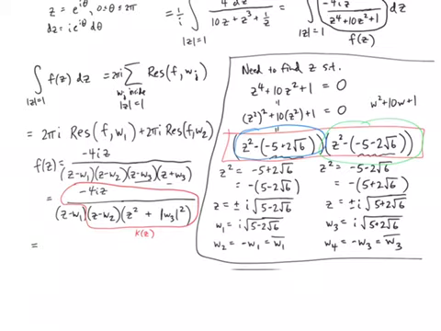And so the residue of f at w1 is just equal to the value of k at w1. So we just have negative 4i times w1 over w1 minus w2, but w2 is minus w1, so that's actually just 2w1, and then w1 squared plus norm w3 squared.